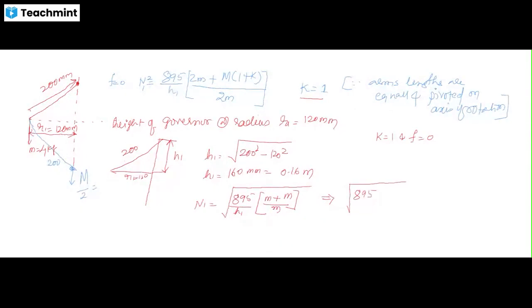895. Now h1 is to be substituted in terms of meter, not in terms of mm. What is the value of small m? 4 kg. What is the value of capital M? 28. 28 divided by 4.